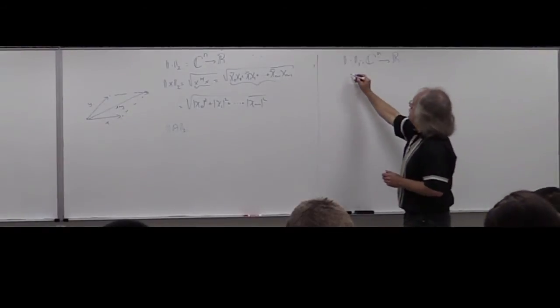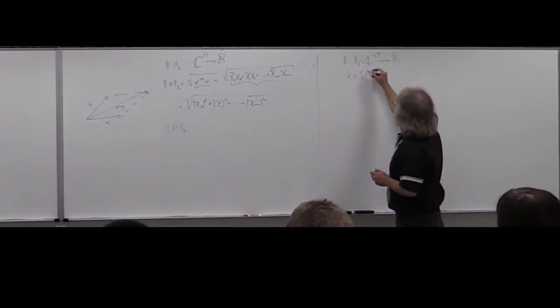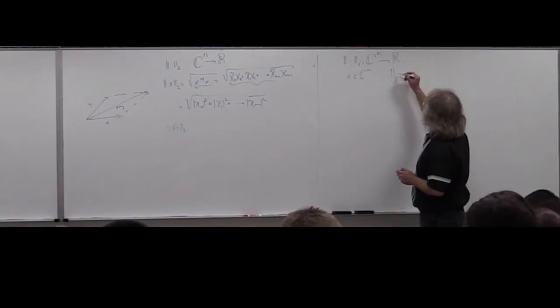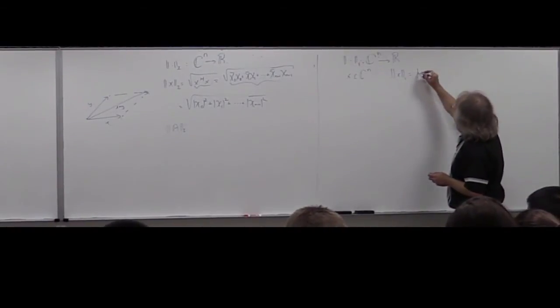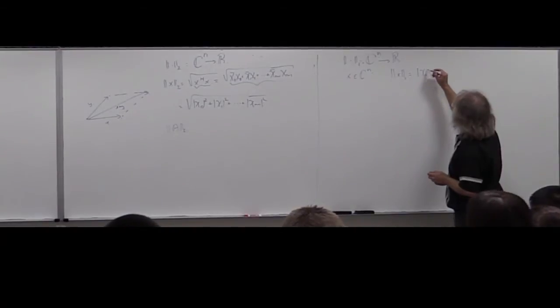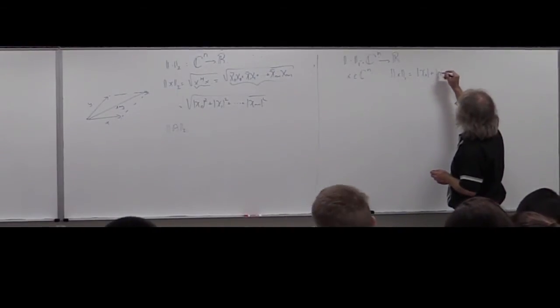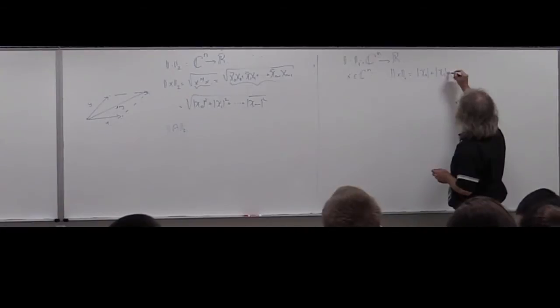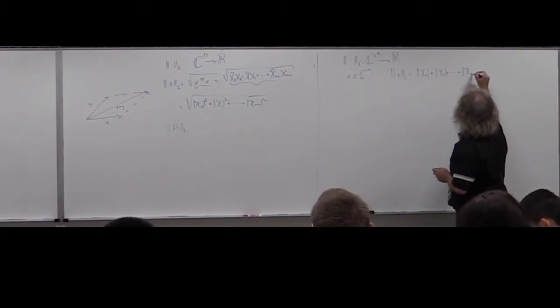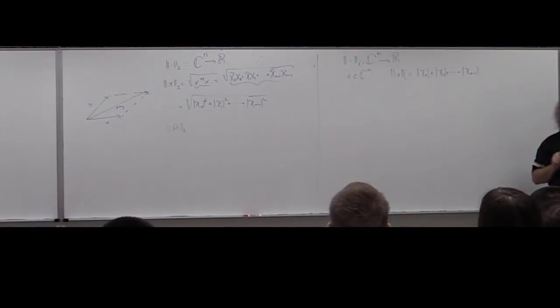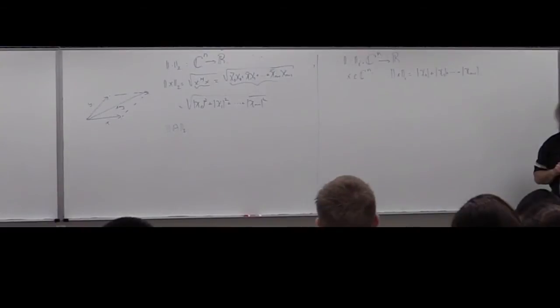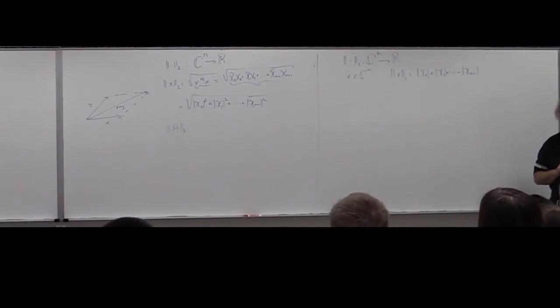And if x is a vector of length n, then the 1 norm of x is defined as simply the sum of the absolute values of the entries. Already easier to compute, right? No square roots, no squares, no multiplication, absolute value, add them together, you're done.